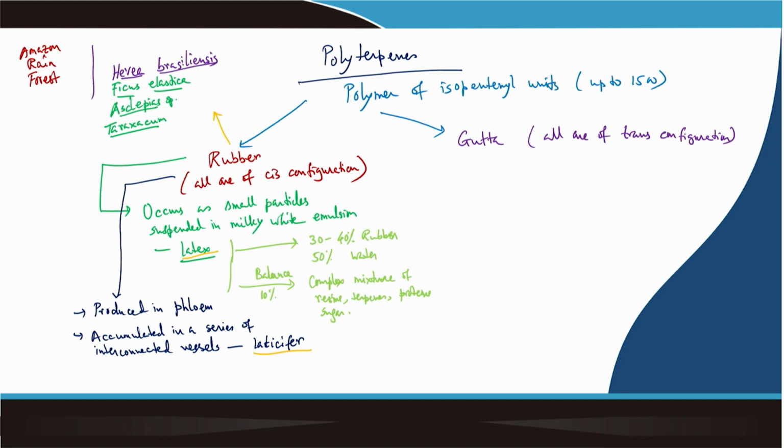Particularly the Russian dandelion is a very good source for harnessing rubber.